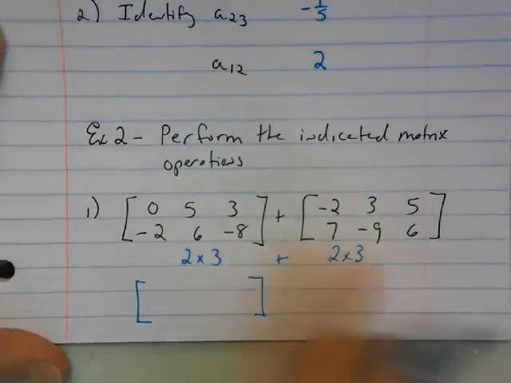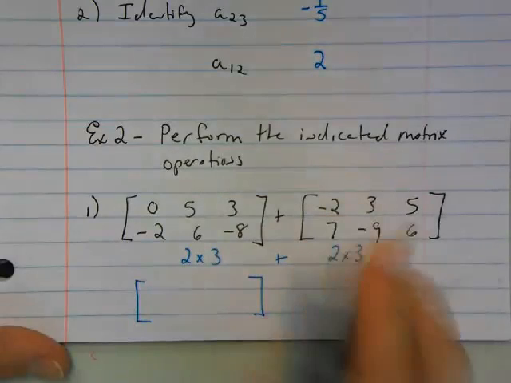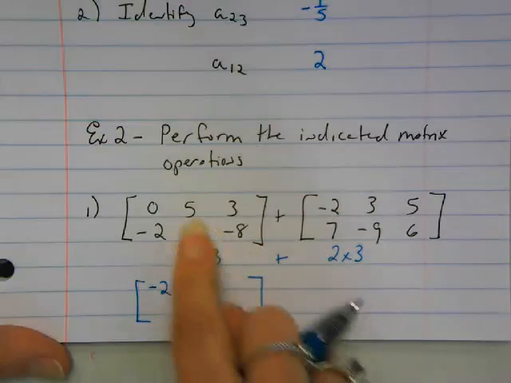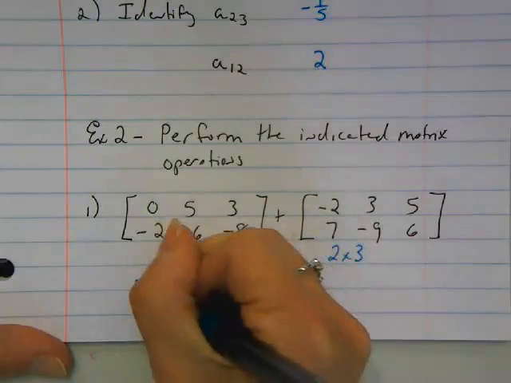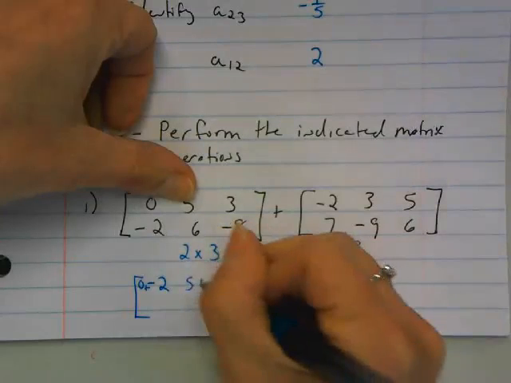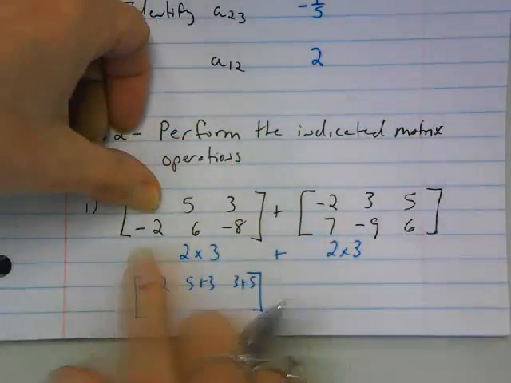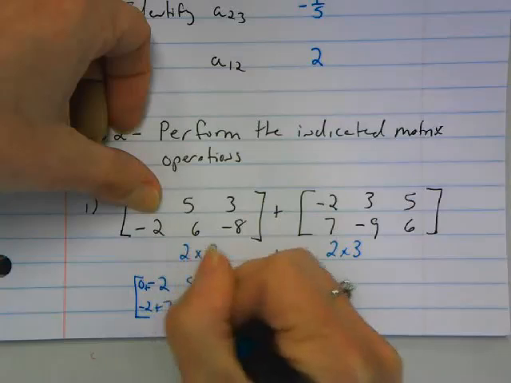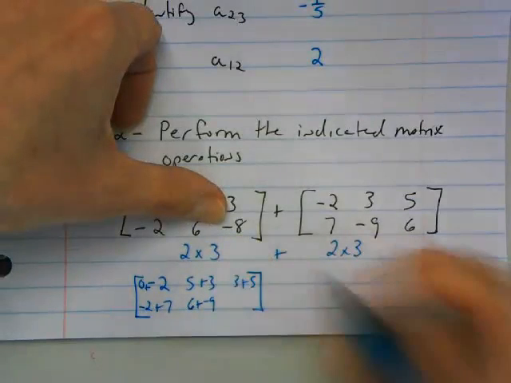That way you get used to naming the order, because that is something we always forget about. Literally I add this one with this one. 0 plus -2 is -2. 5 plus 3. Let's just write it: 0 plus -2, 5 plus 3, 3 plus 5, -2 plus 7, 6 plus -9, -8 plus 6.